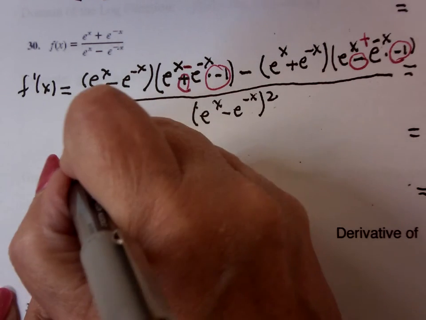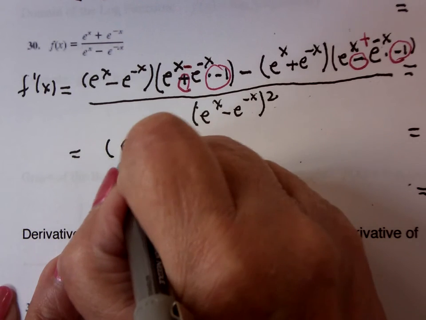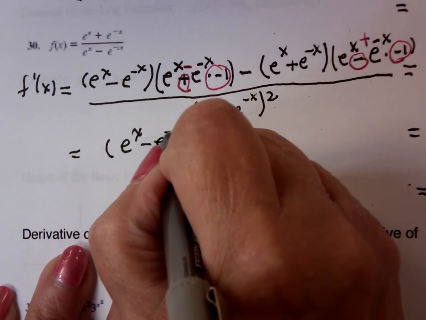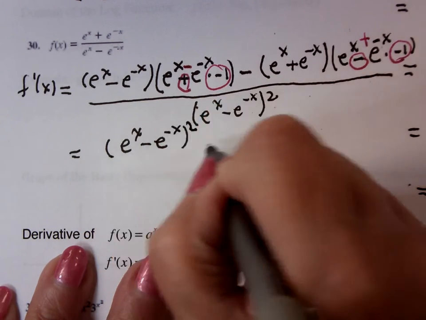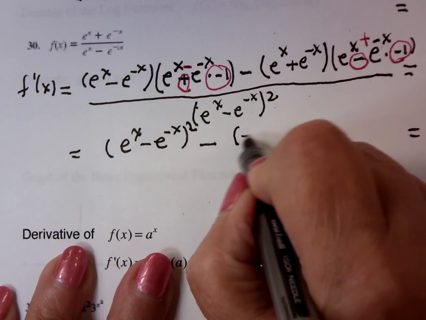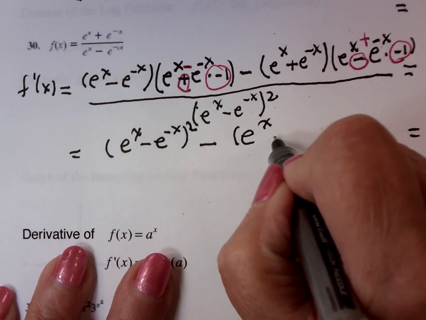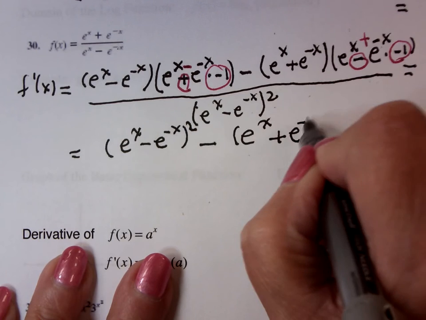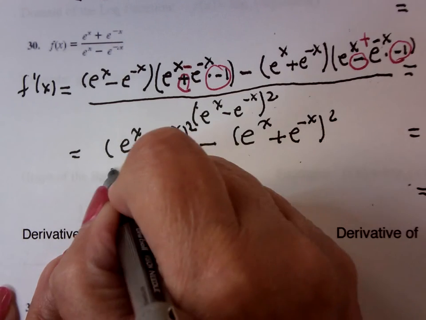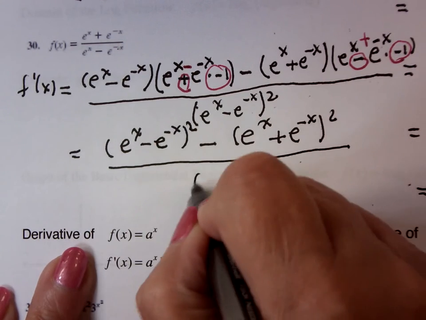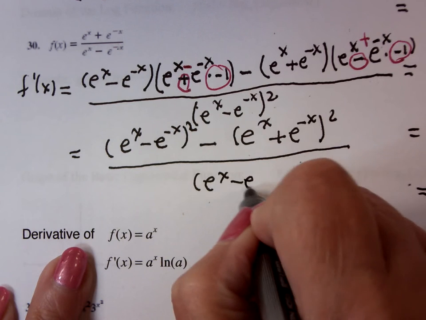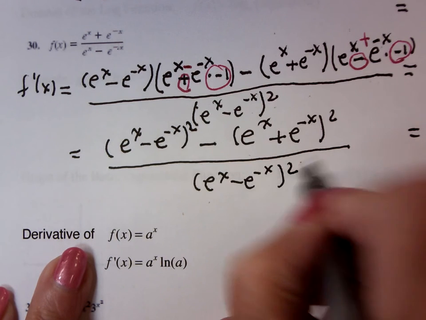So you're going to end up with e to the x minus e to the minus x squared minus e to the x plus e to the minus x squared all over e to the x minus e to the minus x squared.